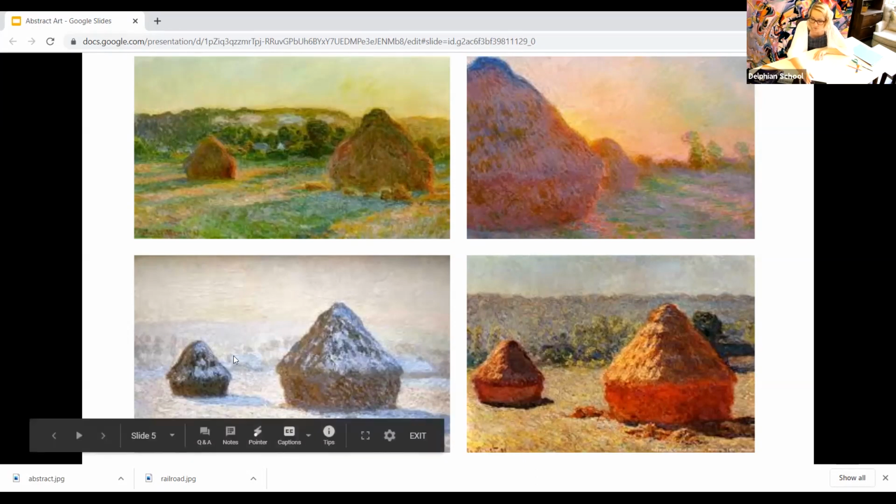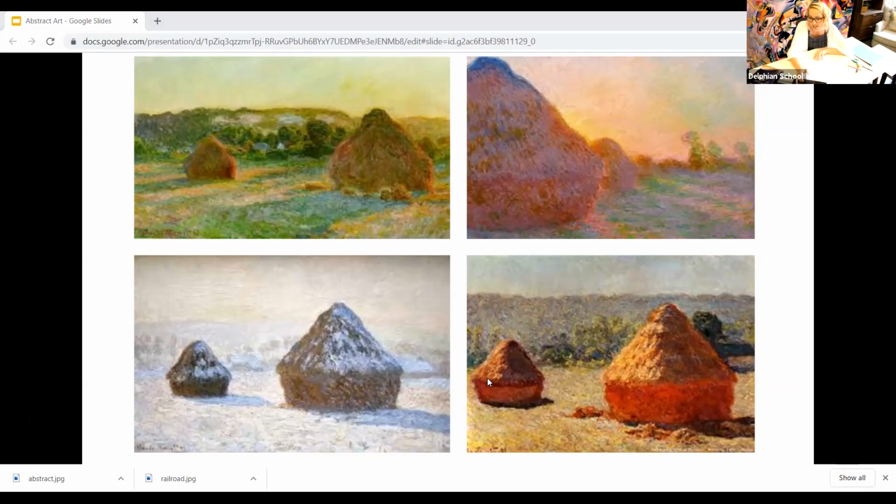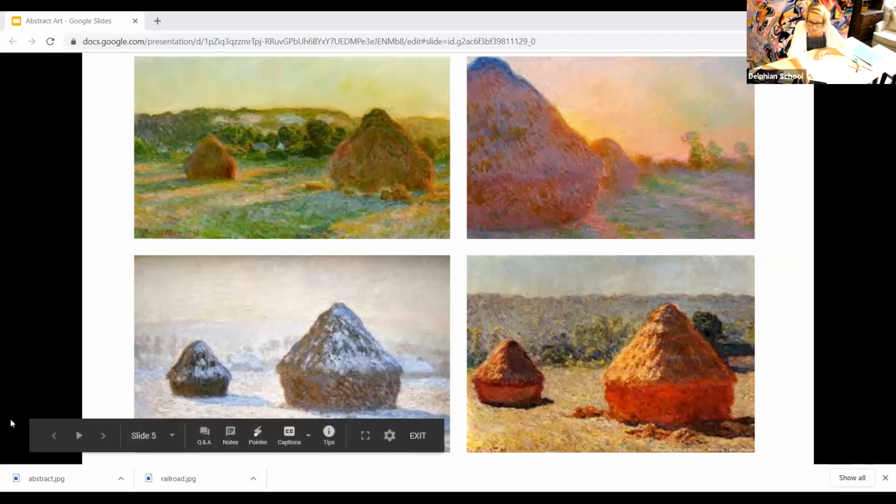I find that fascinating about him, that he was 30 years old and wasn't allowed into art school at first because he wasn't good enough. But yeah, here he is, one of the most famous abstract artists of our time. So let's keep going. These are haystacks.